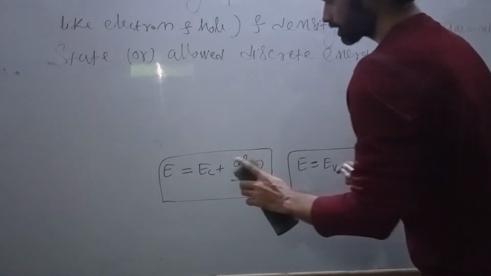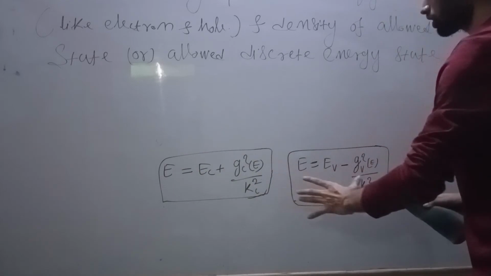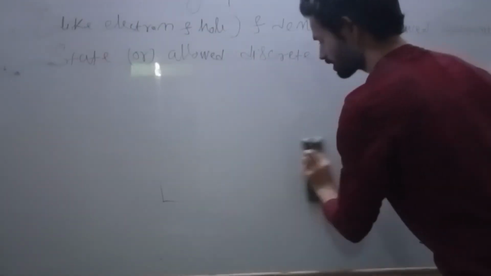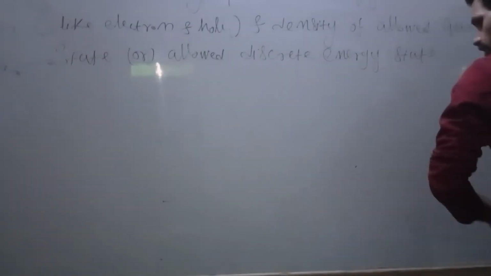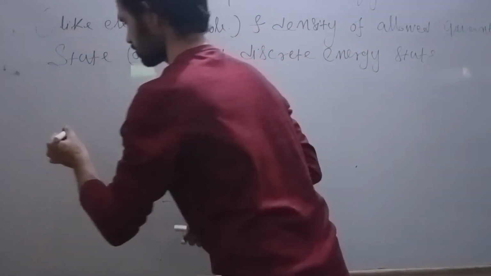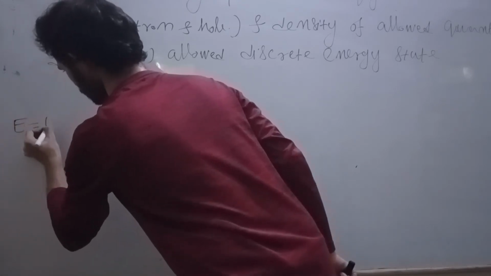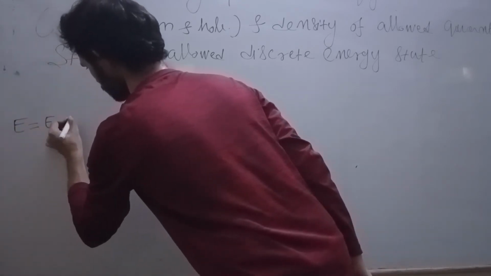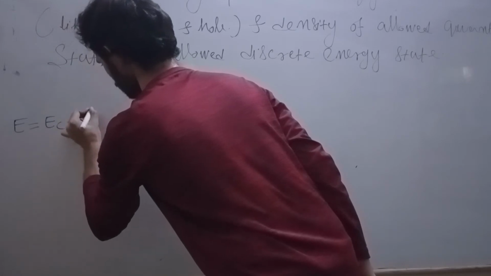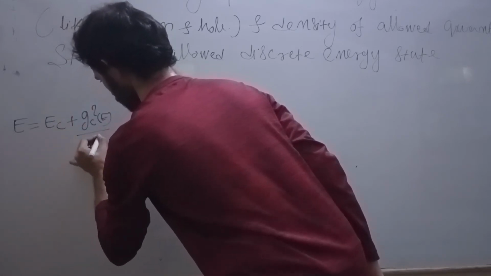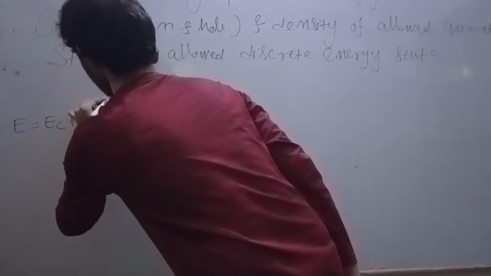Now see, density of quantum state. This is for conduction band, this is for valence band. Now let us write this equation here separately. This is for energy in case of conduction band, EC plus GC square of E divided by KC square.